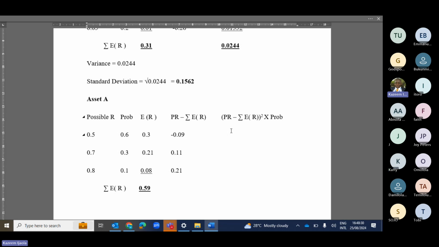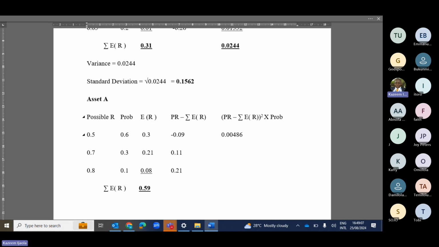Be specific on the number. 0.09 square times this probability, 0.6. Yes, you are correct. Thank you.